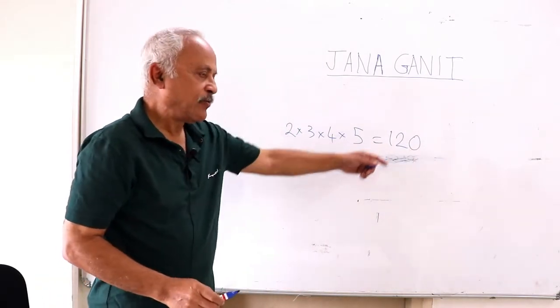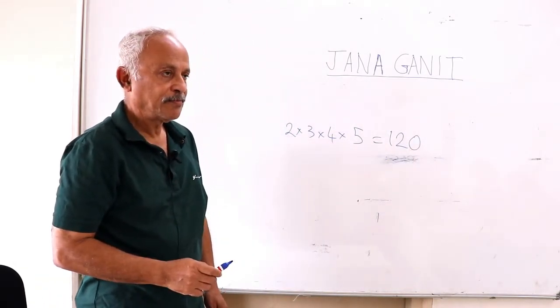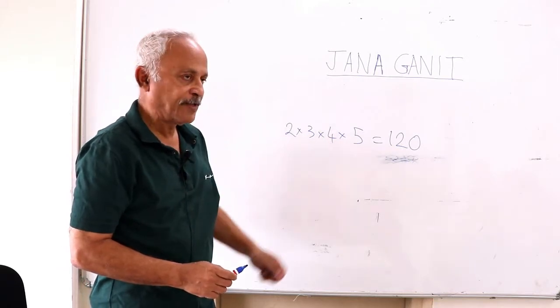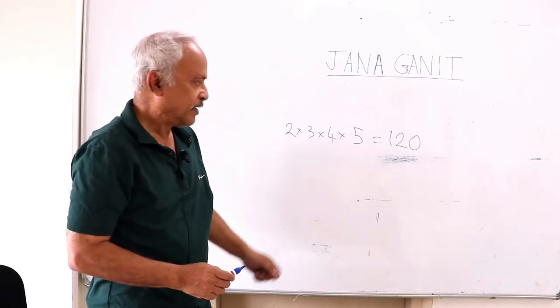So what are the factors of 120? 2, 3, 4 and 5. 2, 3, 4 and 5 are the factors of 120.